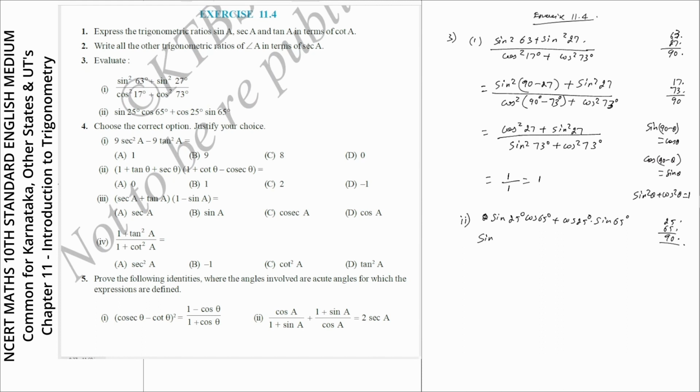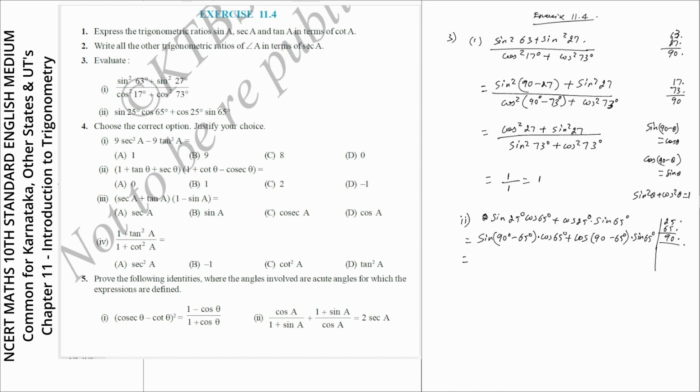So in place of 25 I will write 90 degree minus 65 degree into cos 65 degree plus, here also cos 25 degree is there, I will write 90 minus 65 degree into sin 65 degree.